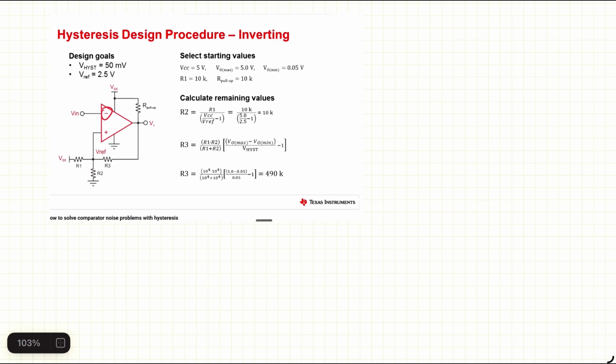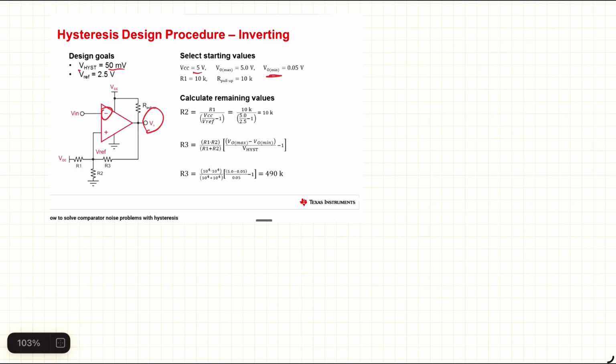And the design goals are quite simple here. We want to design hysteresis of 50 millivolts, with the reference point in the middle of the power rail, which is 2.5 volts. And VCC is 5 volts. The output max is at the VCC level. That's the output here, so 5 volts.